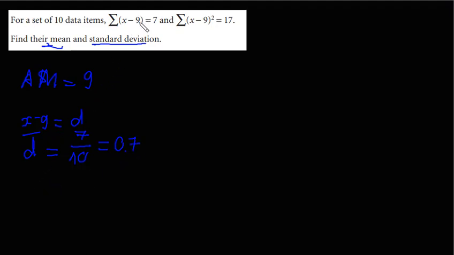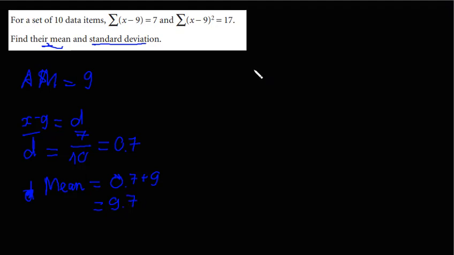Because our assumed mean is 9, and x minus 9 is equal to d, and d is 0.7, our mean will equal 0.7 plus 9, which is 9.7.